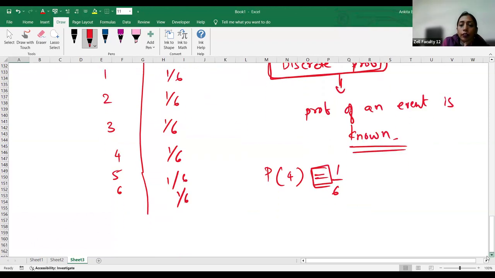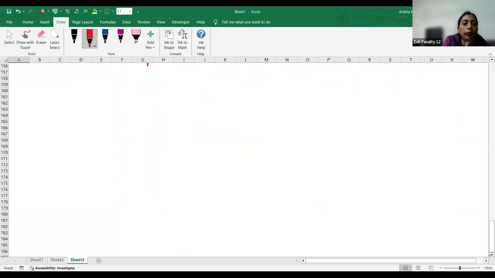Then, let's say I give you a diagram here. Okay, pay attention.